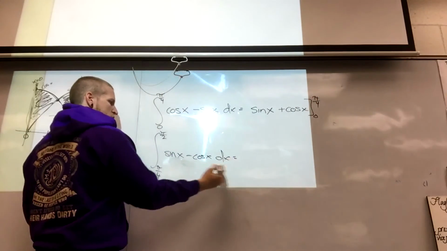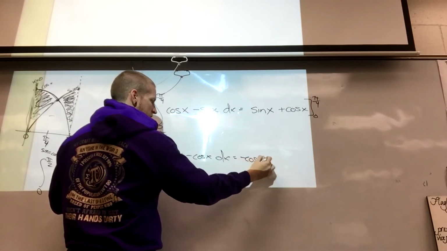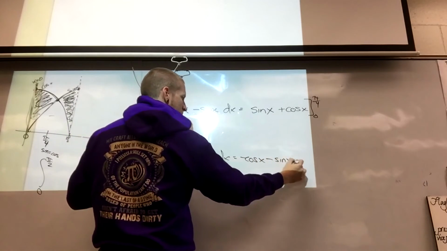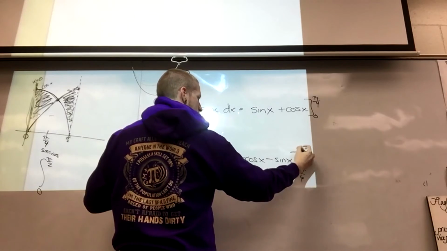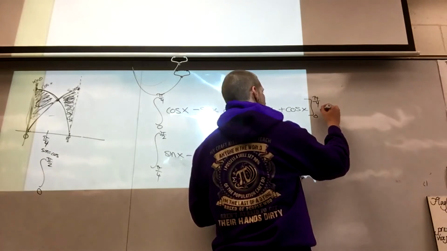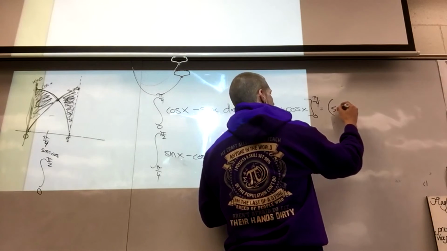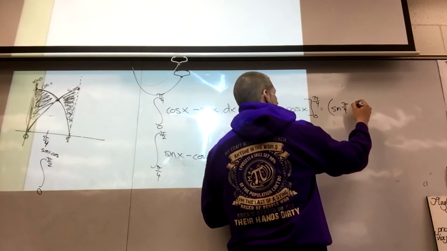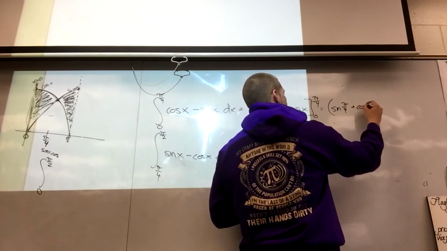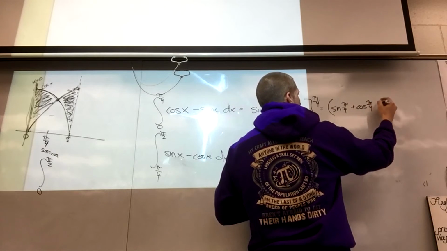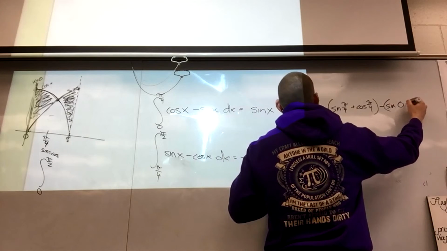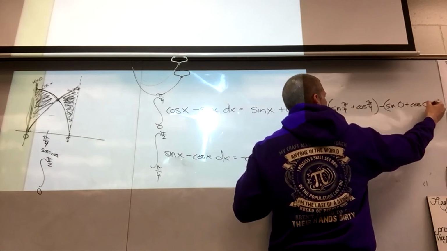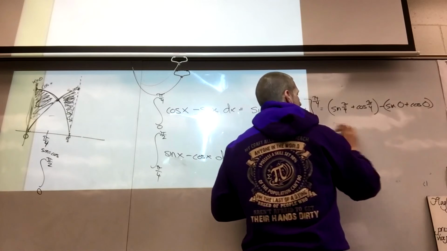And then the one on the bottom should be negative cosine x minus sine x from pi over 4 to pi over 2. Sine of pi over 4 is square root of 2 over 2. Cosine of pi over 4 is square root of 2 over 2. Sine of 0 is 0, and cosine of 0 is 1.